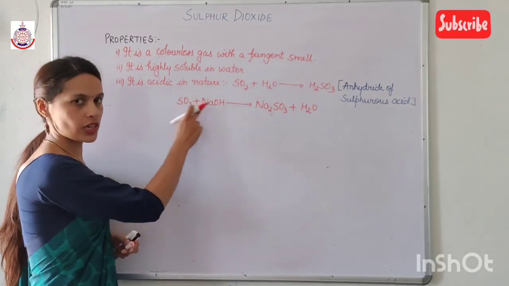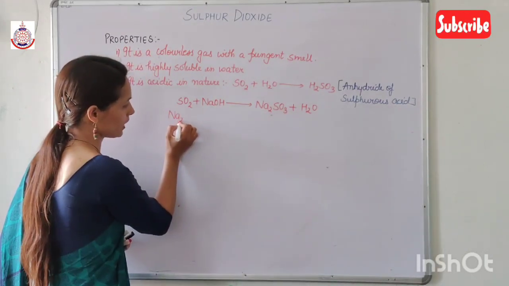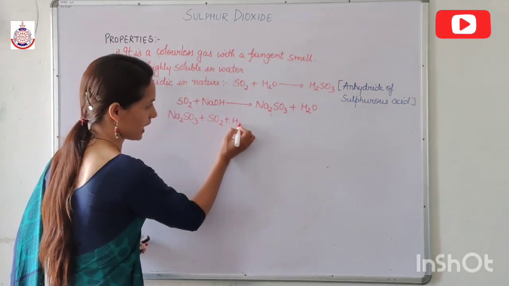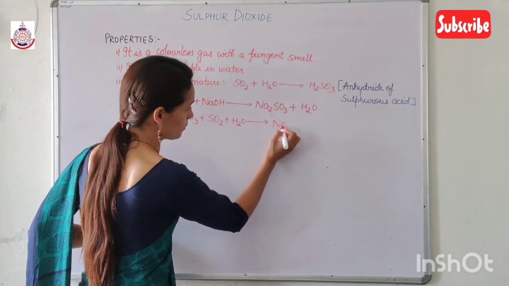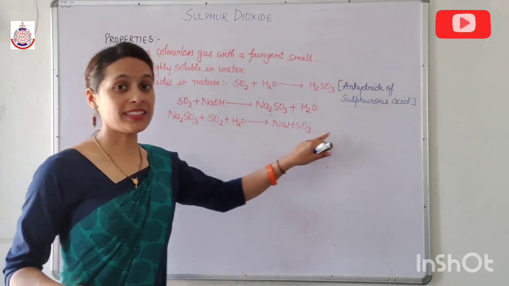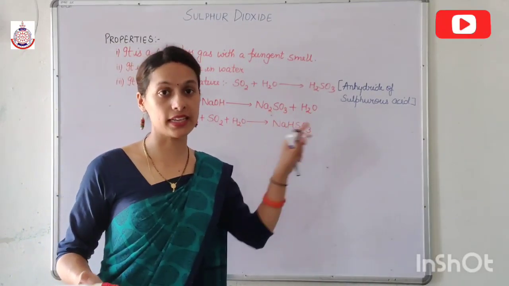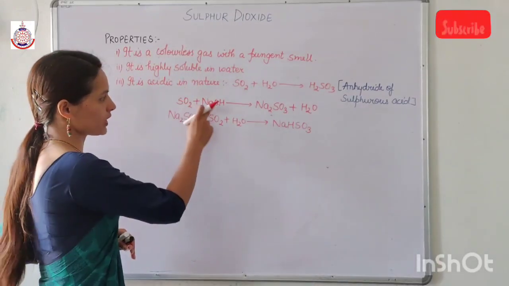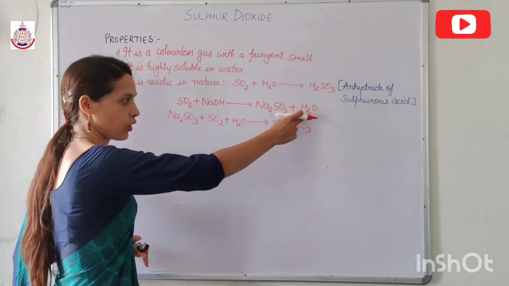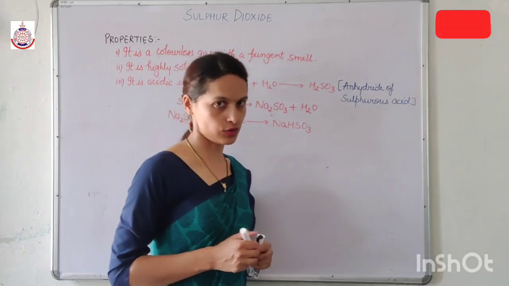And when this Na2SO3 reacts with excess sulfur dioxide, it forms NaHSO3, that is sodium bisulfite. This is sodium sulfite and this is sodium bisulfite. So when SO2 reacts with NaOH, it forms salt and water, and when it reacts with excess SO2, it forms NaHSO3.